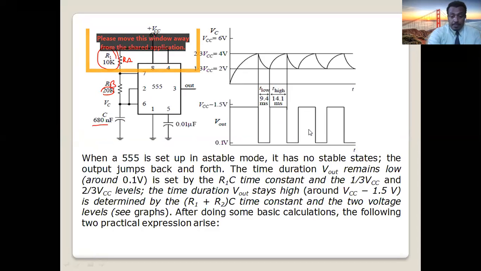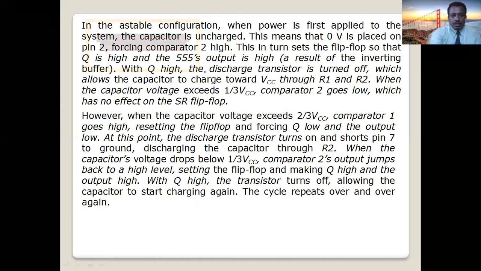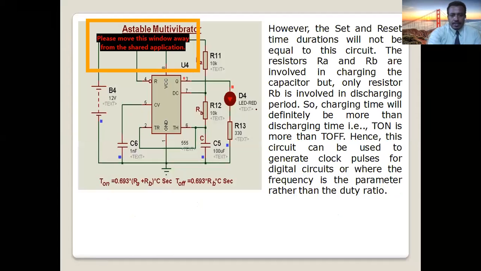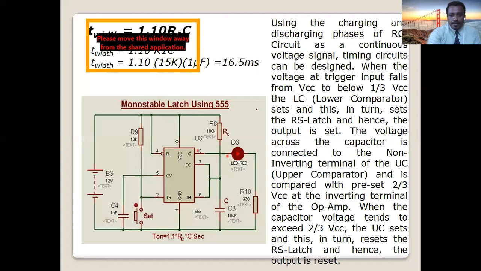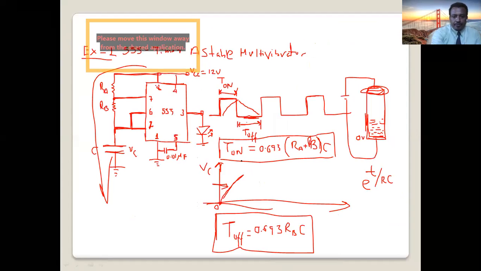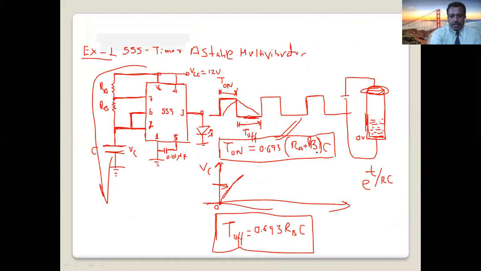So how much time is the output on? Given by this equation. T high is equal to 0.693 times (RA plus RB) times C. RA and RB are here, C is here.